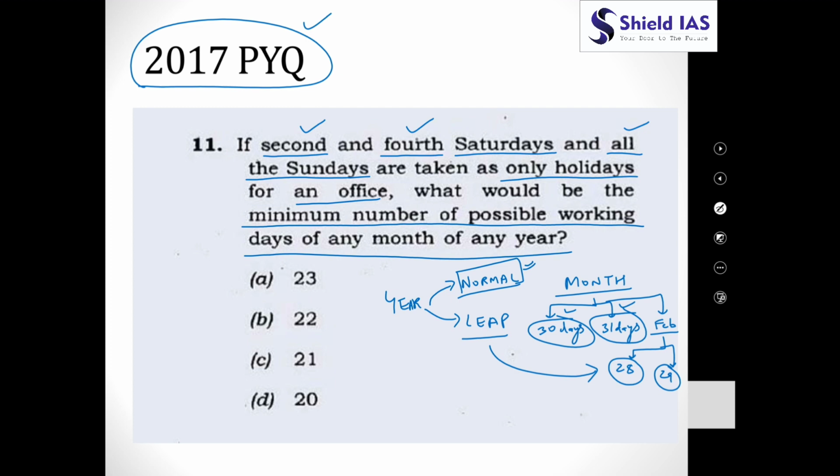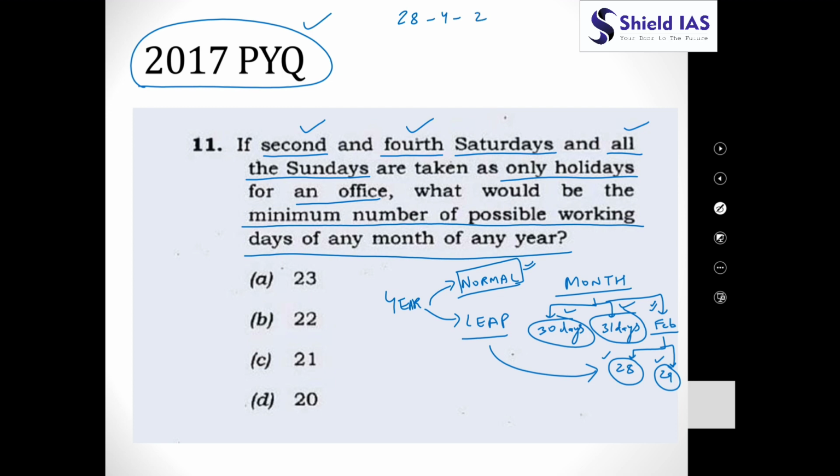To calculate the minimum number of working days, you have to select February. If February has 28 days, there are 4 weeks, and in every week you get exactly one Sunday, so 4 Sundays are holidays.